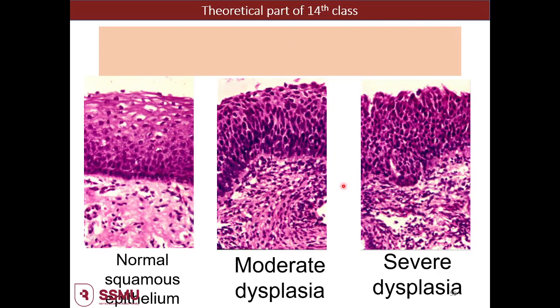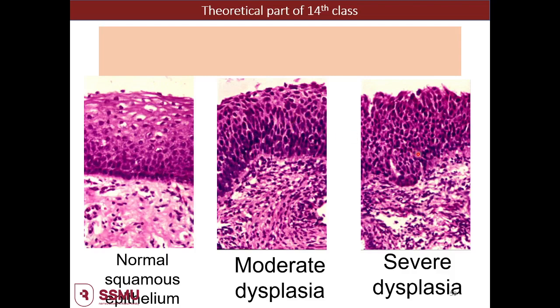In squamous epithelium, in normal squamous epithelium, cells grow from down to up, and we transform from non-keratinous to squamous cells. In case of dysplasia, in the middle type of it, we can't find differentiation of cells here, but cells are localized layer by layer.